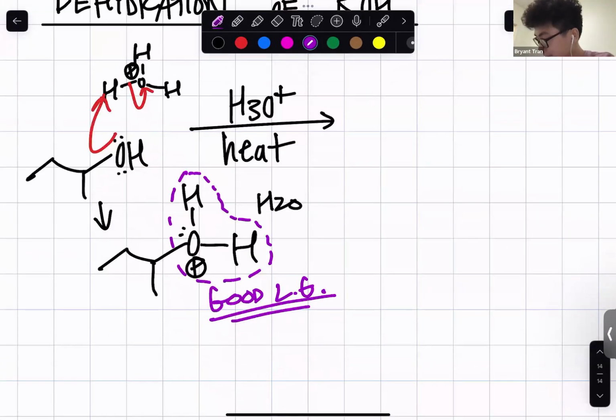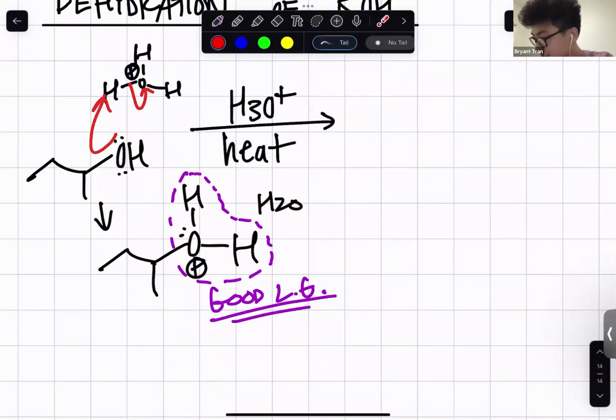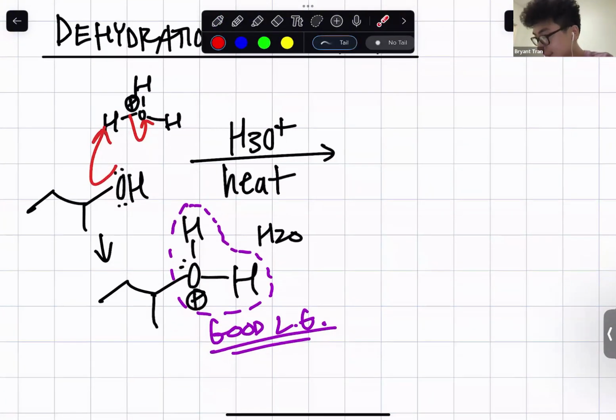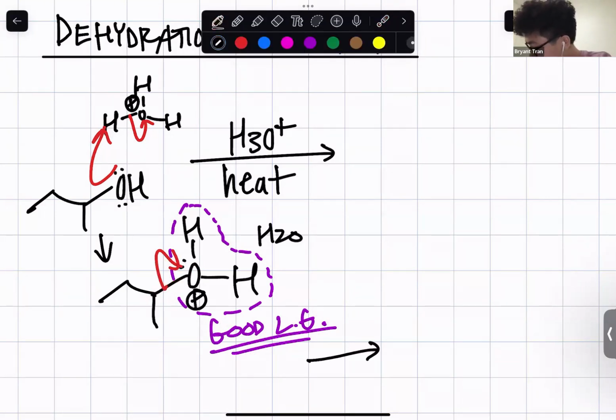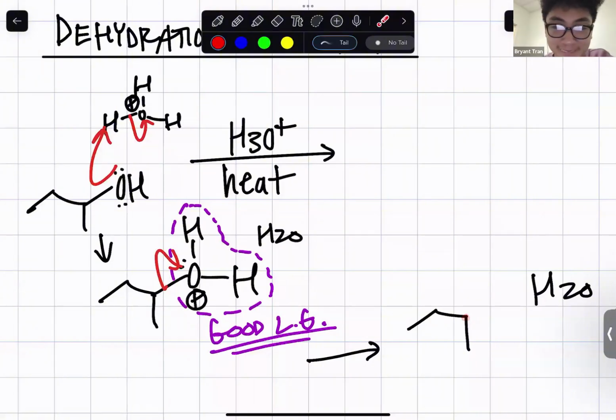Now, with this good leaving group right here, let's make it leave. Let's make this bond attaching this carbon and oxygen break off and go onto the oxygen, giving water, H2O. What charge do you think this carbon will have if it lost the bond? Positive charge, right?